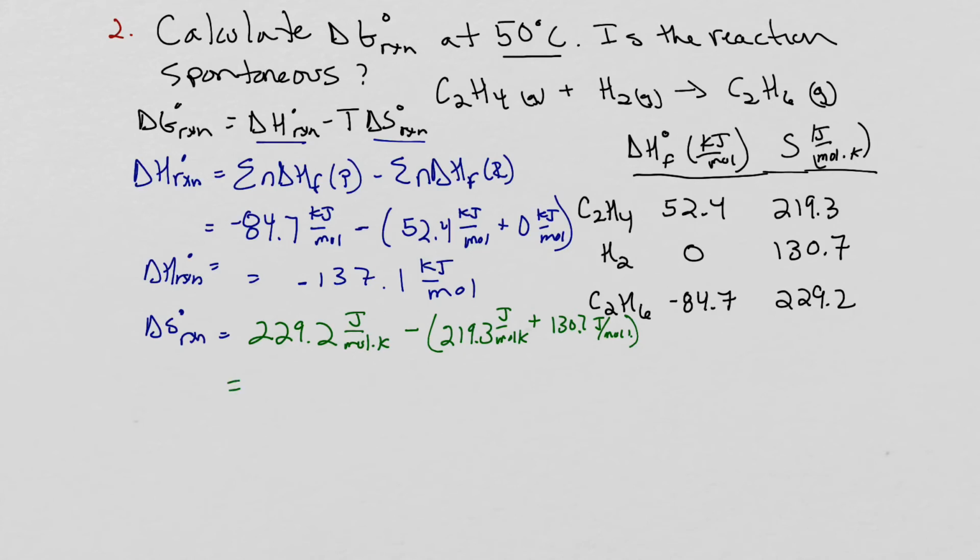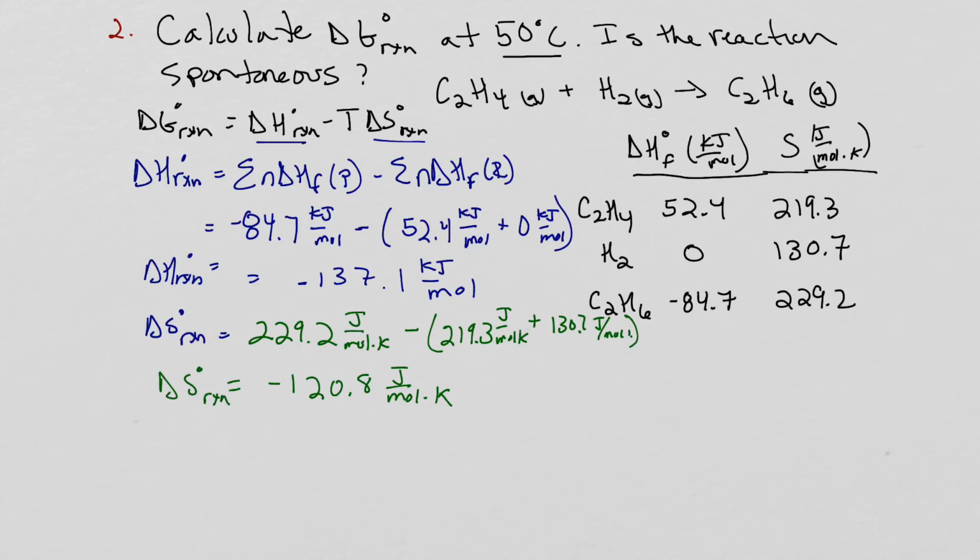If we sum all that together, we get an overall value of minus 120.8 joules per mole Kelvin, which equals my delta S of reaction.